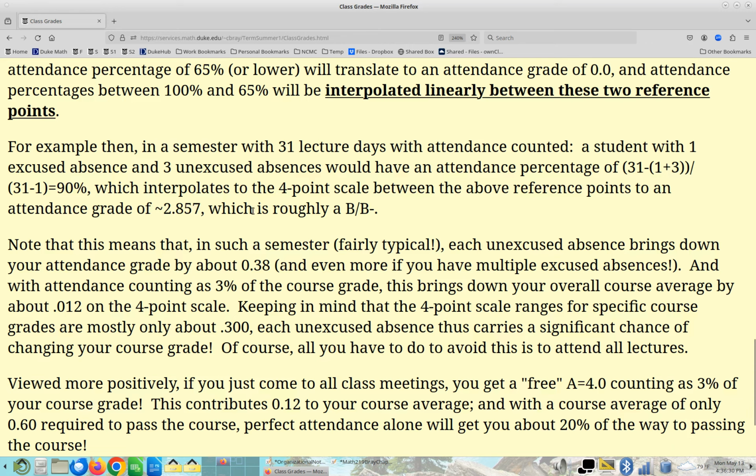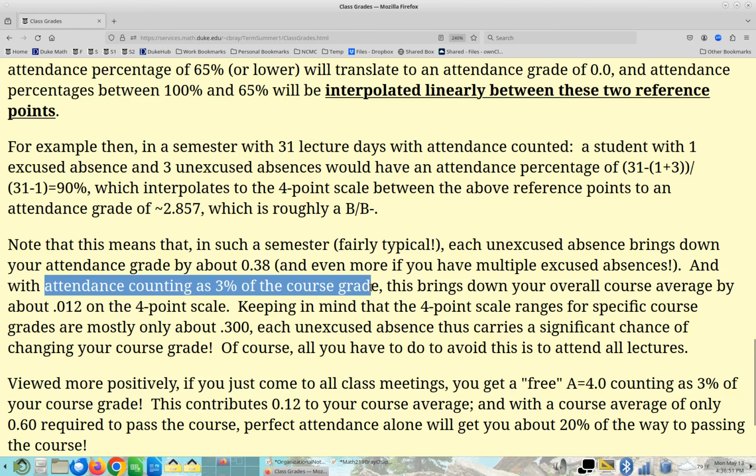So attendance really matters quite a bit. Roughly speaking, each day brings down your attendance average by about an increment. That brings you from an A down to an A minus, or an A minus to a B plus, etc. Now, of course, attendance only counts for 3% of your course grade, and you might think that that's not that big a deal, but it really can make a significant difference.